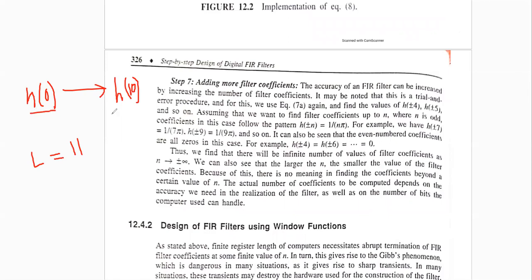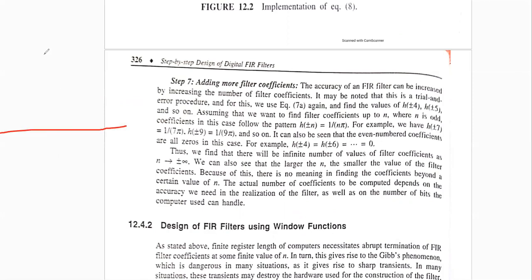So h0 to h10, those are the filter coefficients. If you want to increase the quality or the stiffness of the filter, then you can add more coefficients. That means you can increase your value, let's say up to h20.